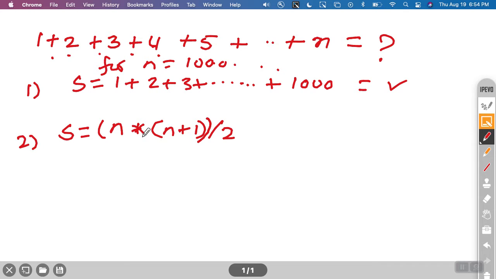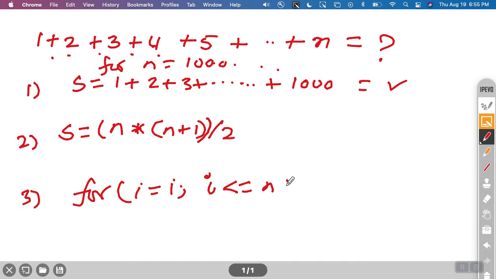This is formula 2, or you can use a for loop, something like s equal to, initially put s equal to 0. So these are at least 3 ways we know, right, to solve this problem.